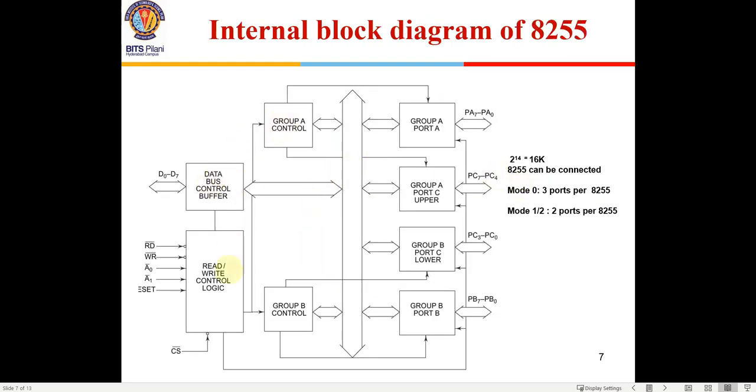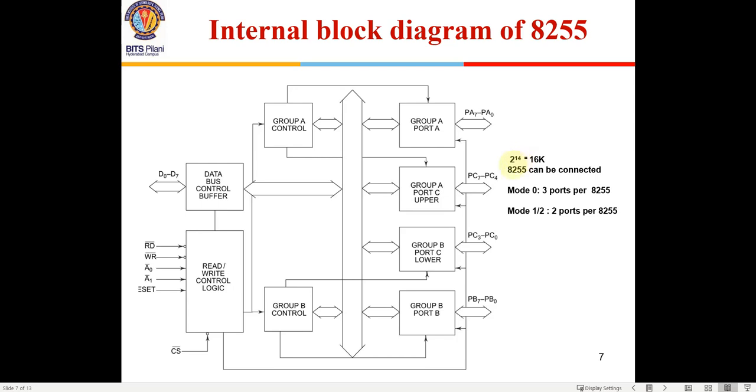So this is the internal block diagram of an 8255. Now if you see, 2 lines are used to select A0 and A1, right? So now you will have the balance address lines, 2 to the power of 16, right? A total of 16 lines can be used as input, output and commands to select different input output ports.